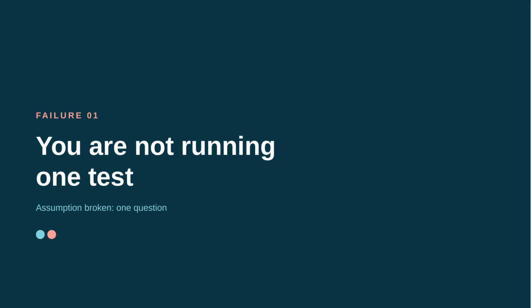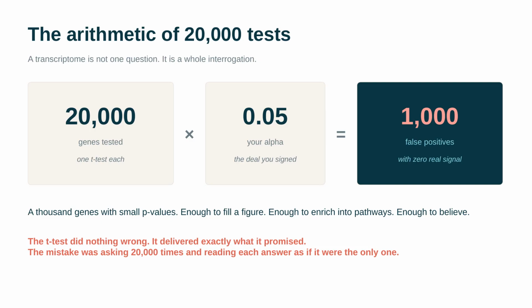Failure 1. You are not running 1 test. Here is the arithmetic, and it is brutal in its simplicity. A p-value of 0.05 means that when nothing is going on, you will call a result significant 5% of the time. That is the deal you signed. Now run that deal 20,000 times, once per gene. 5% of 20,000 is 1,000.